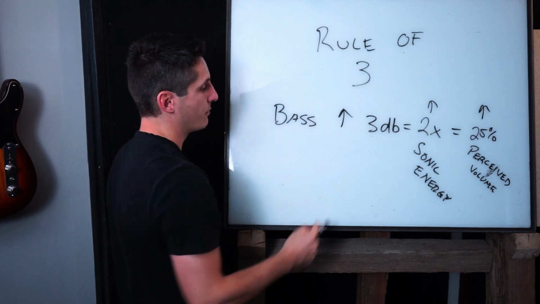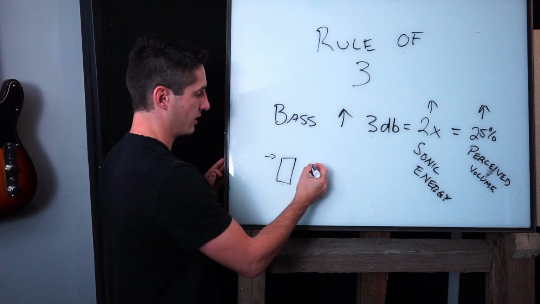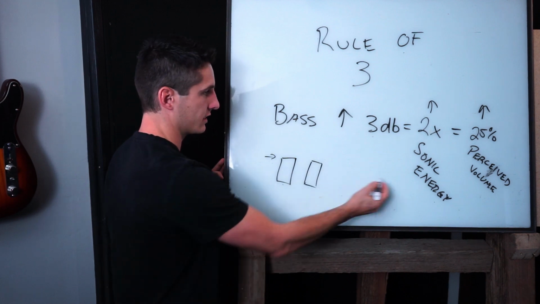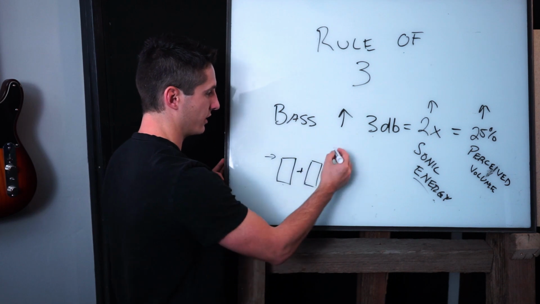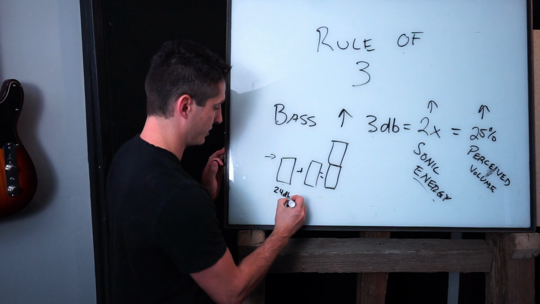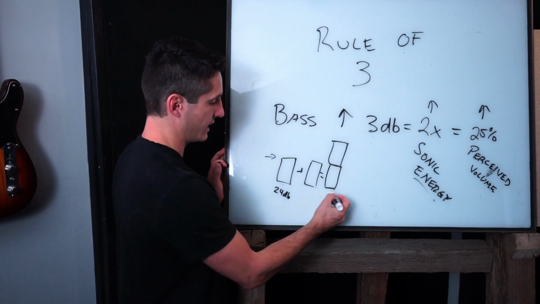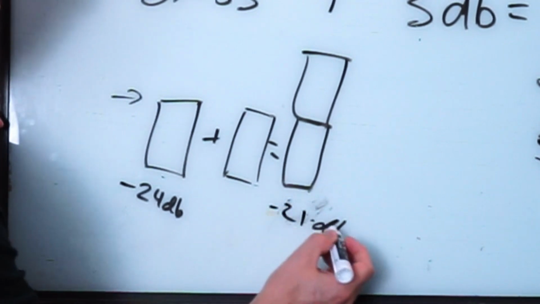So if my bass guitar is here, and then my kick drum has the same amount of sonic energy, and then I add them together, you'll end up with this. If this is, say, minus 24 decibels on its own, together they should be minus 21 decibels.